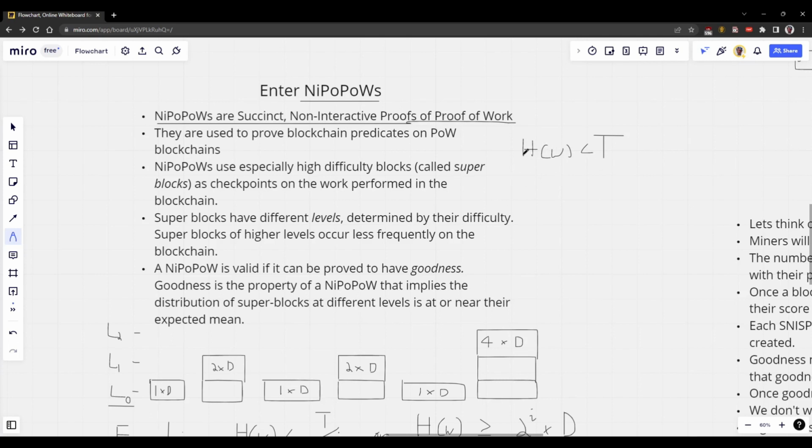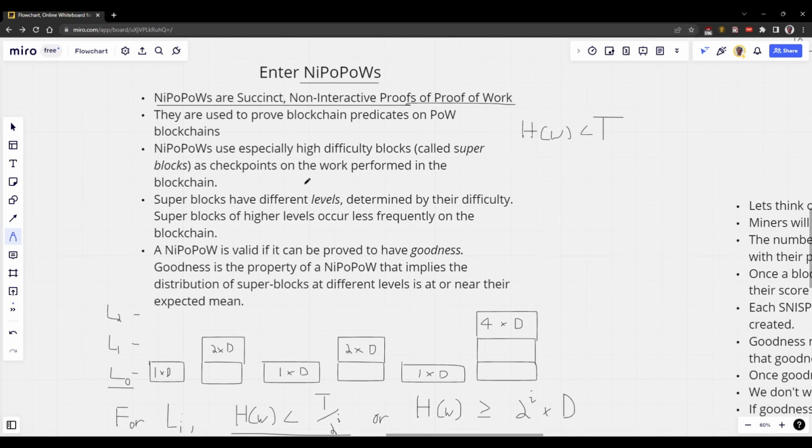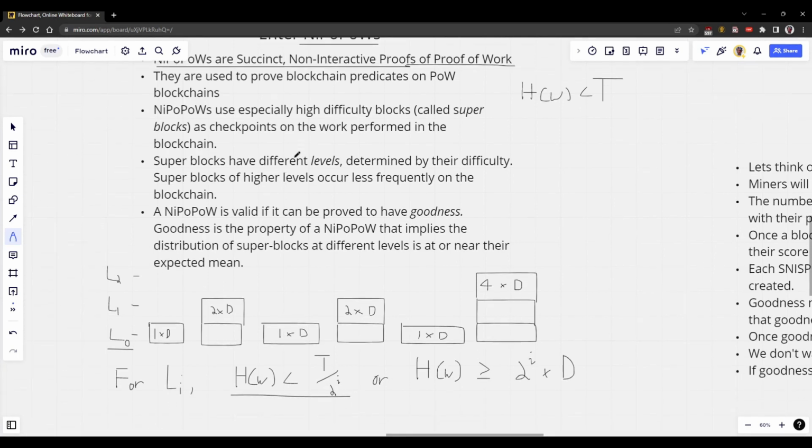In that case, we'll call it a superblock. Superblocks occur at different levels according to their difficulty or hash value. And because of that, these different levels occur less frequently according to how high their difficulty is.